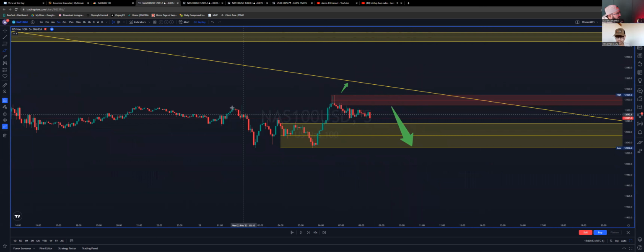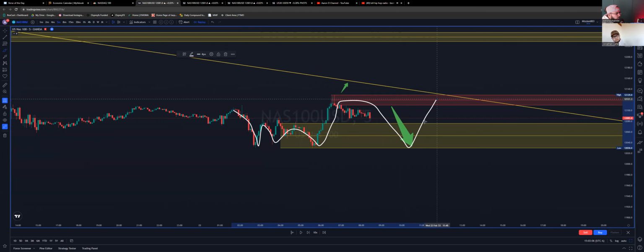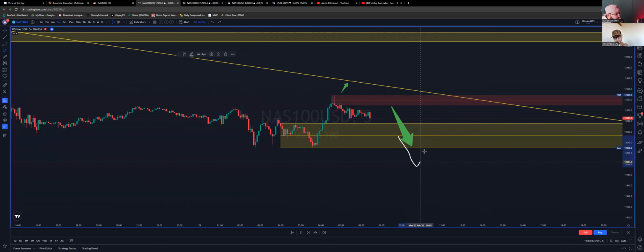Why do I say that? Because it came down and touched once, twice, 3 times, and then went up. Now, if it does come down again, I can look for potential same reaction, price bounces up. Or if it breaks through that bottom, I'll look to see if it wants to retest and continue down.